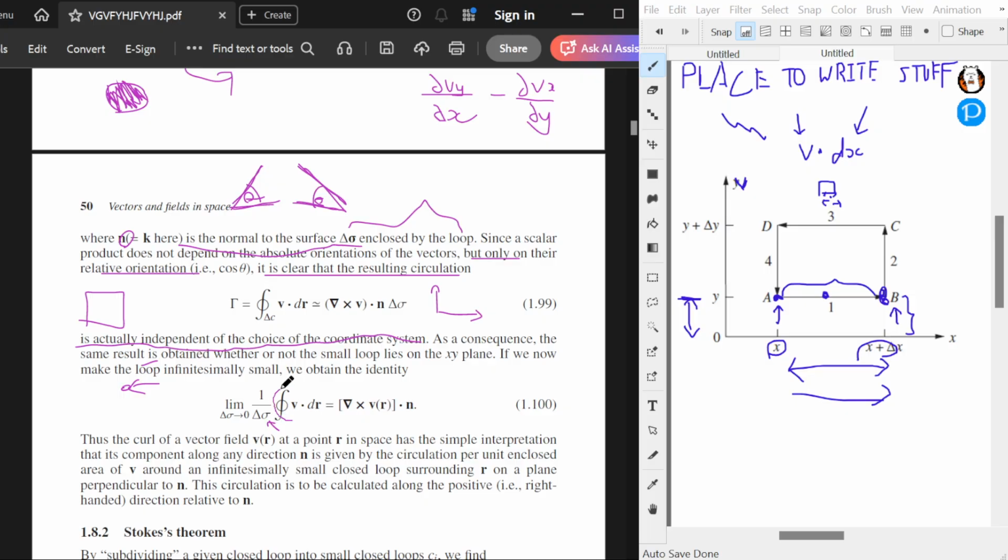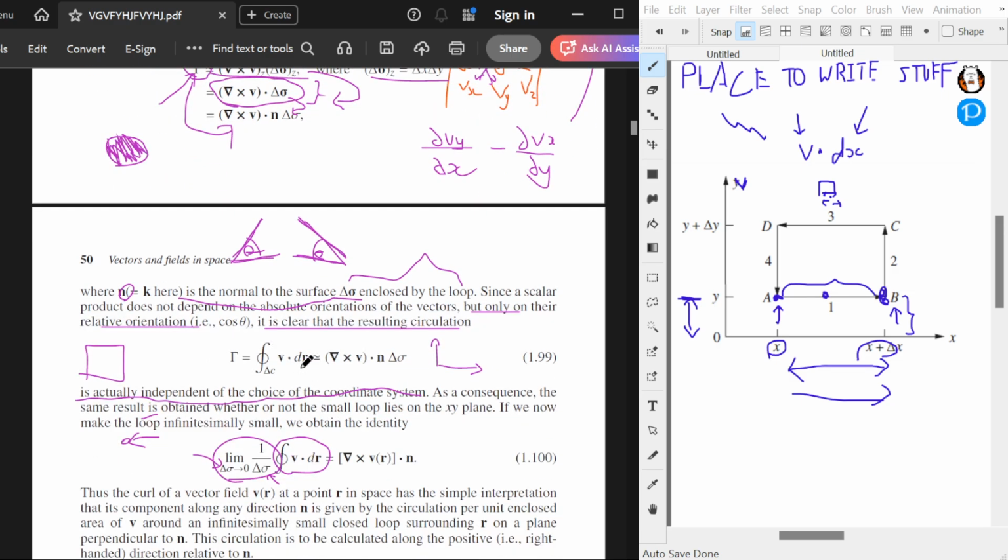Okay, this is the circulation. And we're making the surface element really, really small. Why are we doing that?